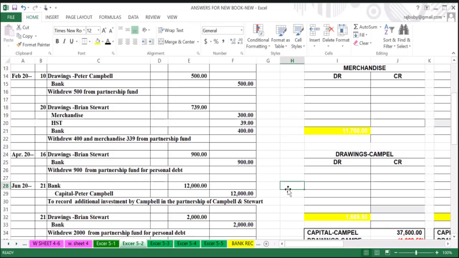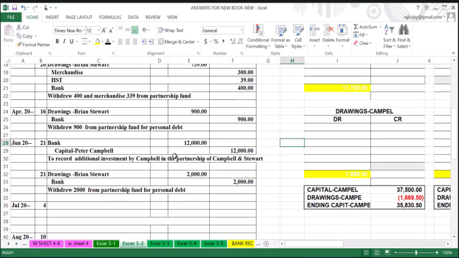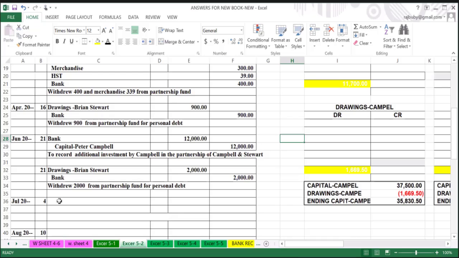Okay. July 4th, Peter Campbell paid his home utility bill, 150 plus tax, 169.50, from company funds. I think the bank is credit, right? Plus tax.